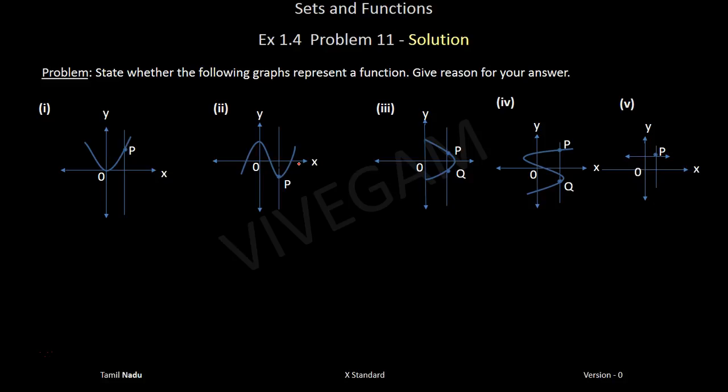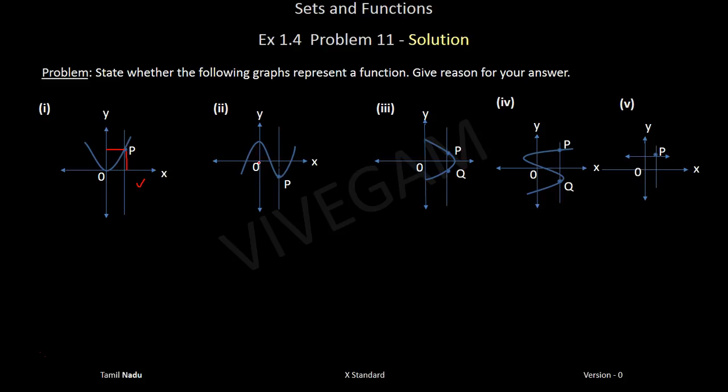So, a vertical line test: if you draw a vertical line on this graph and it cuts only at one point, as in this case, what does it mean? For this value of x, you have this value of y. It's a distinct or unique value, so in this case, it's a function.